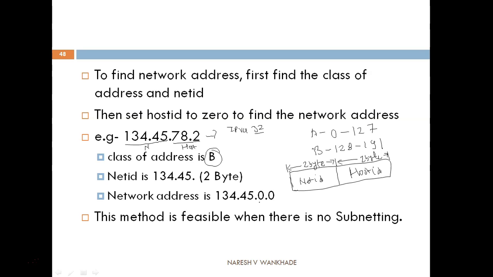We set the host ID to 0, and the remaining part belongs to the net ID. So this is the network address, 134.45.0.0. This type of method is feasible when there is no subnetting and the complete network is undivided.